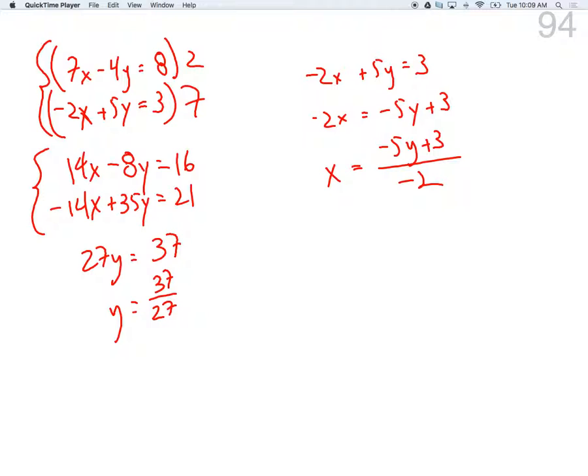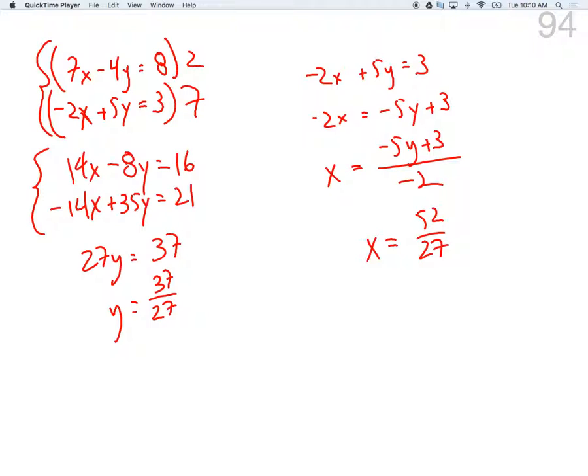Negative 5 times y plus 3, enter, divided by negative 2, enter, and convert it back to a fraction by doing fraction, enter, math, enter, enter. What's x turn out to be? 52 over 27. That's ugly.